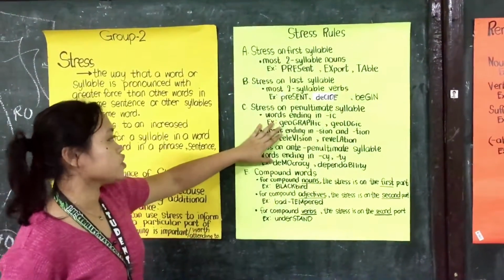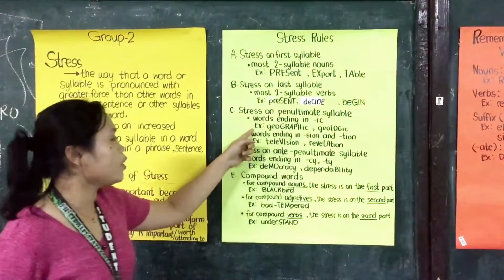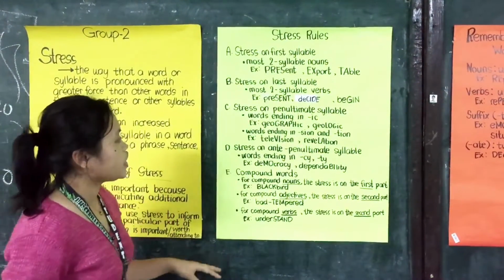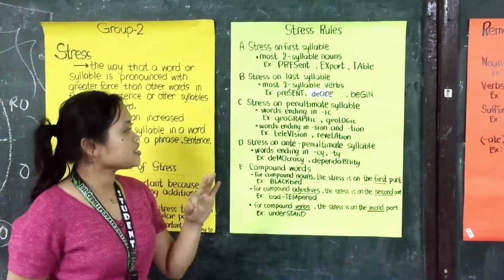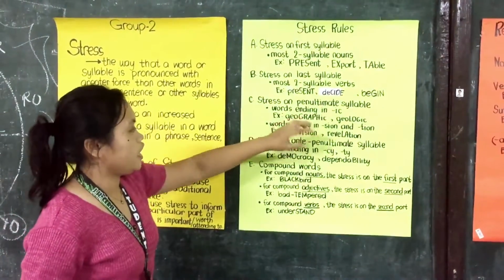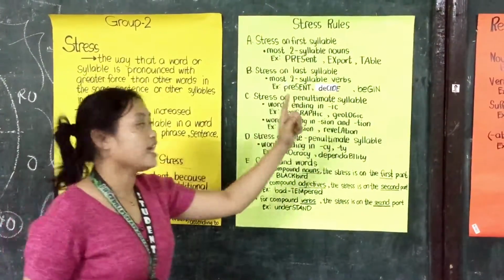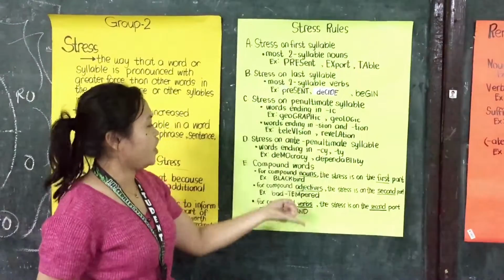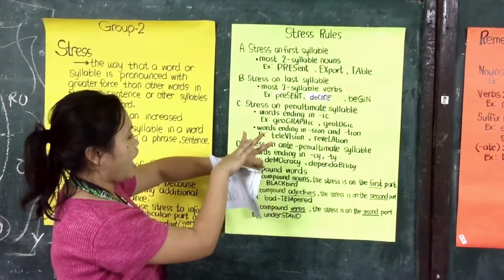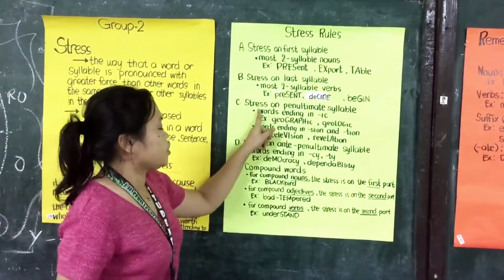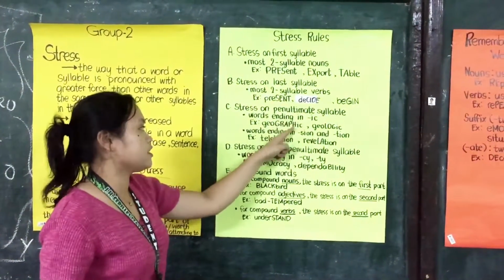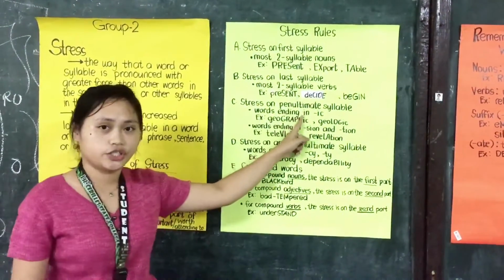Here are examples: words ending in IC, such as geographic and geologic. Geographic has three syllables, and the stress is located on the second to the last. So the stress in geographic is on graph, or GRAP, in big letters.